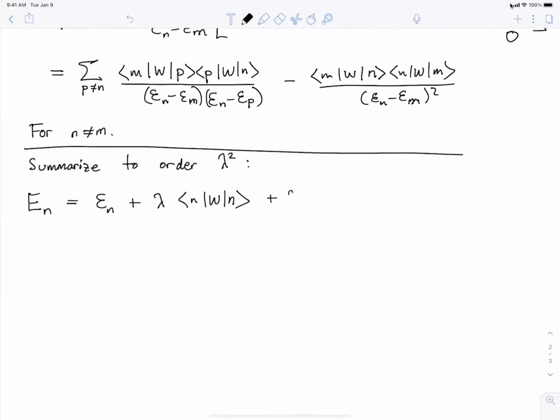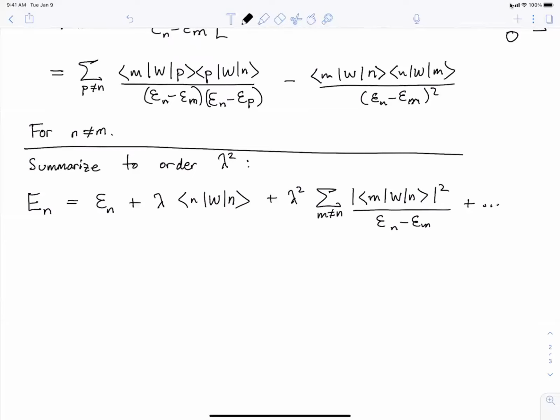Then we found the second order correction, which looks like this: sum over all m not equal to n. Let's see if I can keep my m and n straight this time. This keeps on going forever, but we've just done the first two terms.